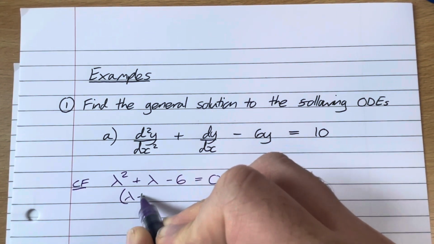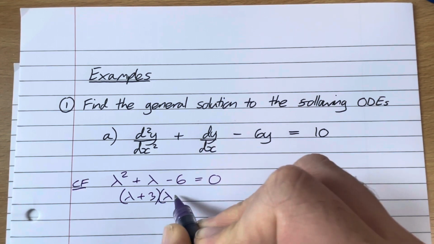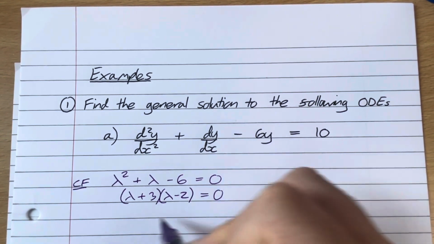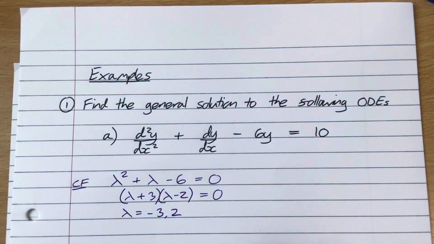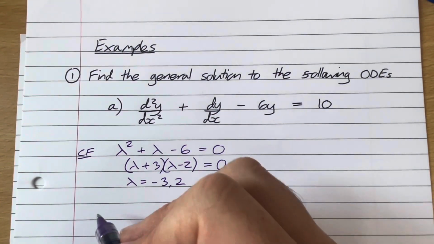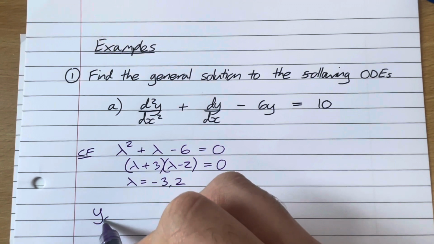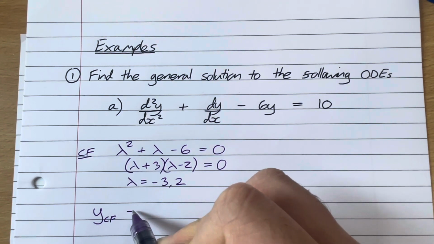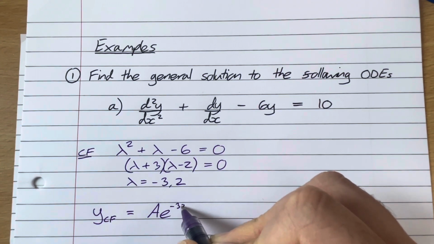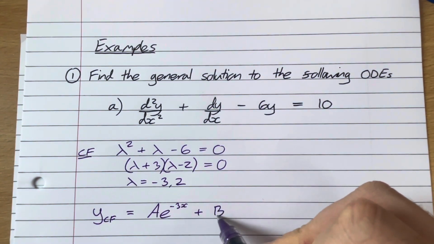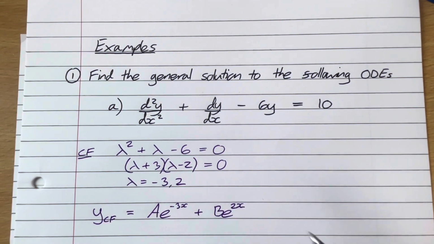So I'm going to get lambda plus 3, lambda minus 2 is 0. That gives me lambda values of minus 3 and positive 2. From there, I can state my complementary function, which I'm going to call yCF, and that is equal to ae to the minus 3x plus be to the 2x. That's my complementary function.